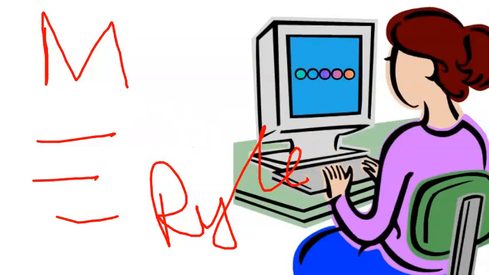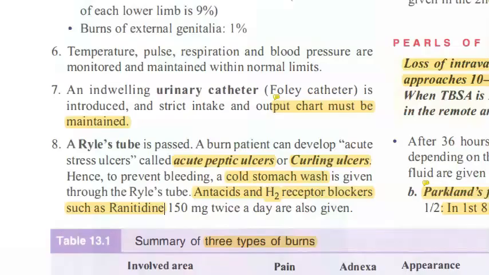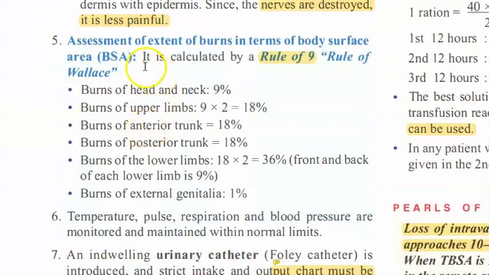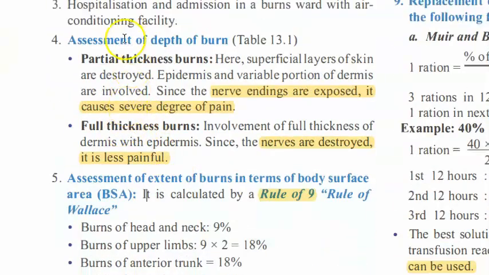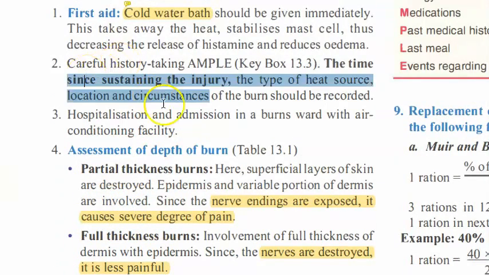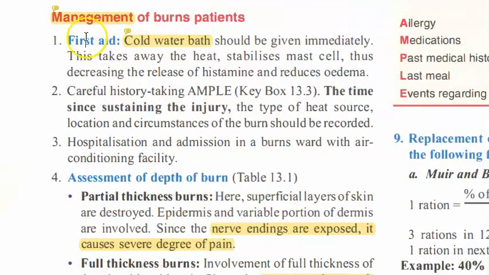Then what else? Urinary catheter, you will take strict note of the input and output. You will monitor the vitals. You will assess the depth of the burn and the body surface area. Then you will take history, admit the person, give a cold water bath. All these are management.